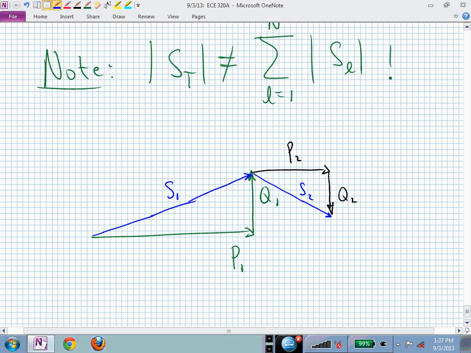If I added their lengths, I would get a much longer vector. That's what that earlier formula said. If I wanted the total power, then I'm starting here and I'm going to that location, and that's S sub t. And that length, if you looked at that triangle formed by S1, S2, and S sub t, you know that S sub t is shorter than the lengths of S1 and S2.